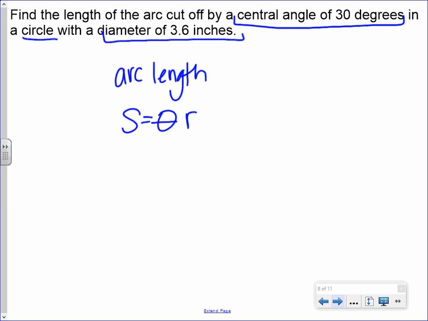Okay, we're going to find the arc length. We need theta and r. Technically we have theta, but is it in the correct measurement? No, it cannot be in degrees.